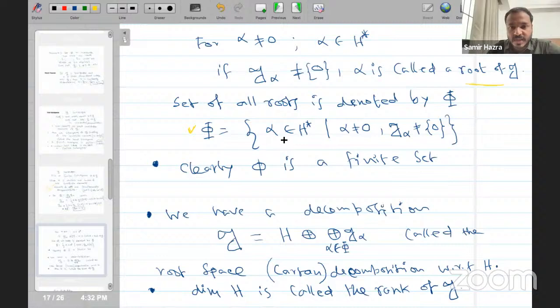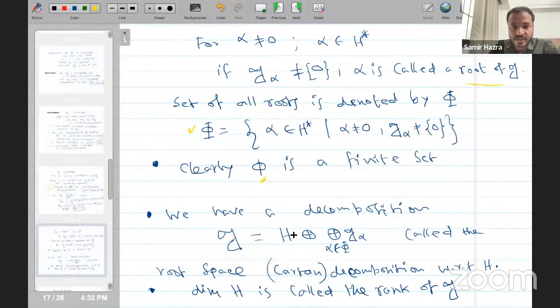So phi is the collection of maps alpha in the dual of H such that G alpha is not equal to 0. Then phi is a finite set because G is of finite dimension. Elements of phi are called roots. Basically alpha is a root if the common eigenspace G alpha is non-trivial.